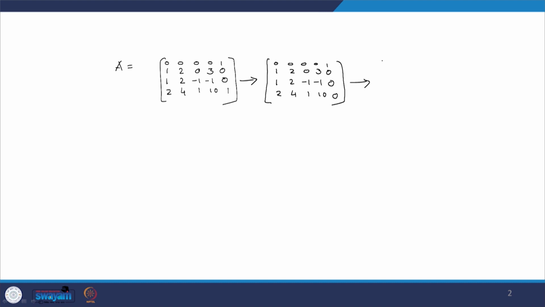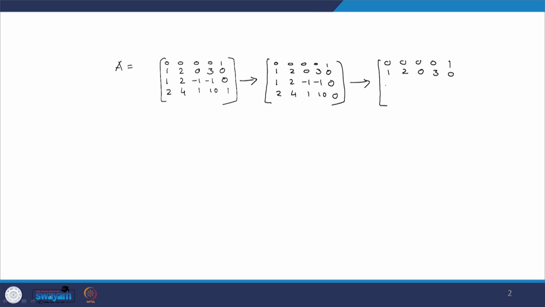The second row is again a non-zero row, but its first non-zero entry appears in the first column. Therefore, I have to make all other entries of the first column 0. For this, I write the first row as it is, and the second row also as it is.